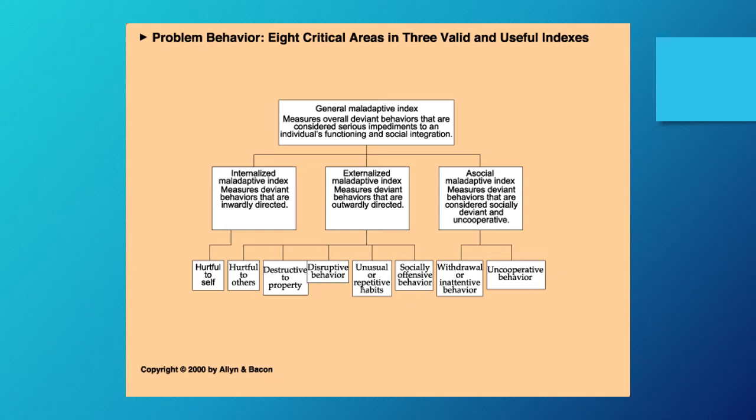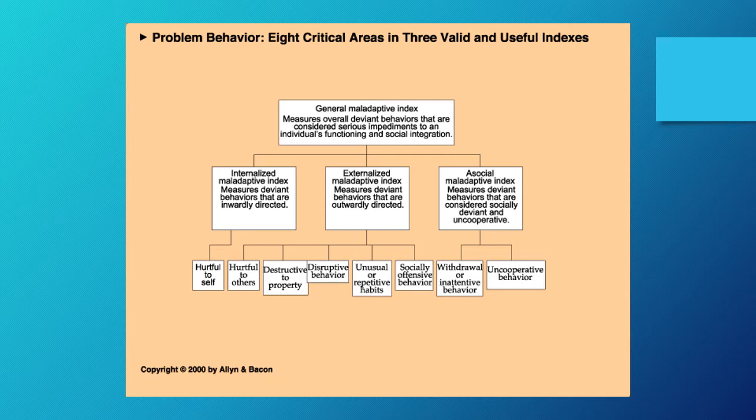Internalized would be whether the individual is hurtful to himself, that is, to self. Externalized would be whether the individual is hurtful to others or to property, has disruptive behaviors, unusual or repetitive behaviors, or socially offensive behavior that tends to offend other people.